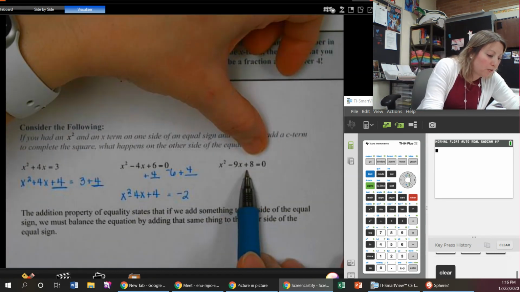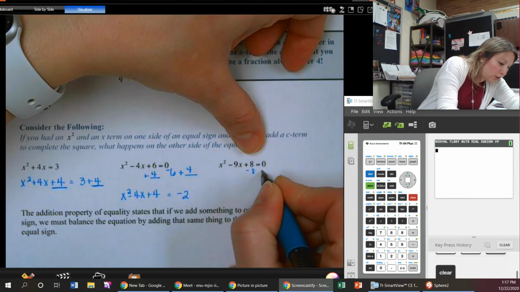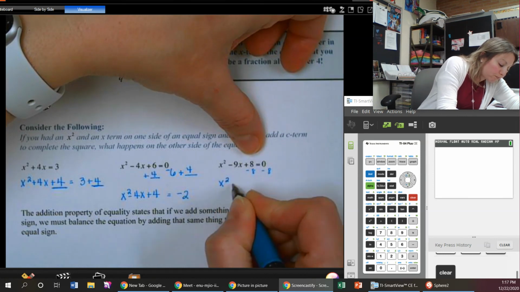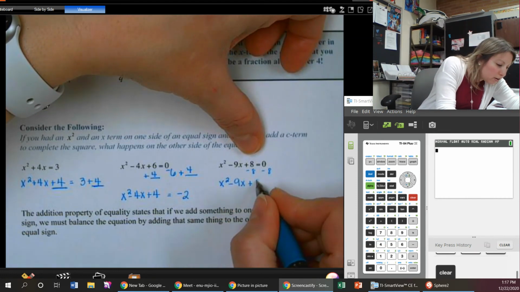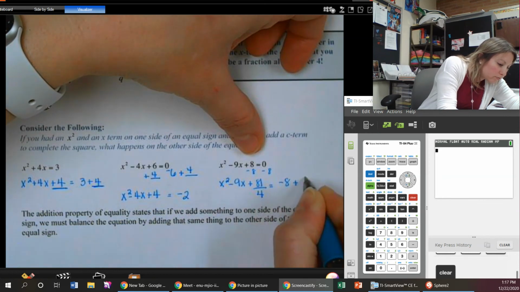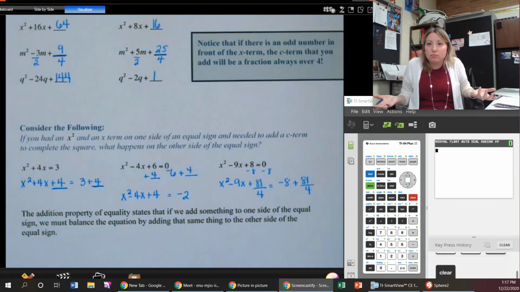Okay, the addition property of equality tells me so. So scooch this 8 over first, scooch that over to the other side. So you've got these guys, and now you've got x squared minus 9x plus, oh, what's 9 squared? 81 over 4 gets added to both sides. That got added to both sides.